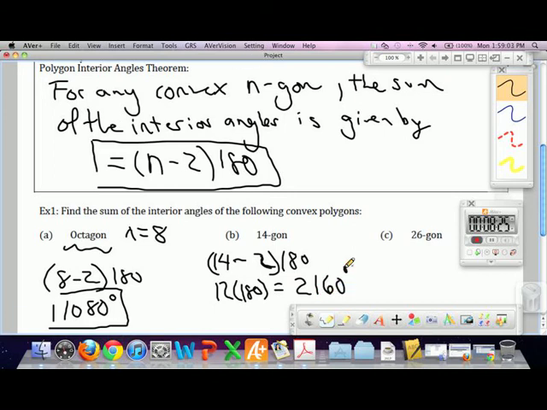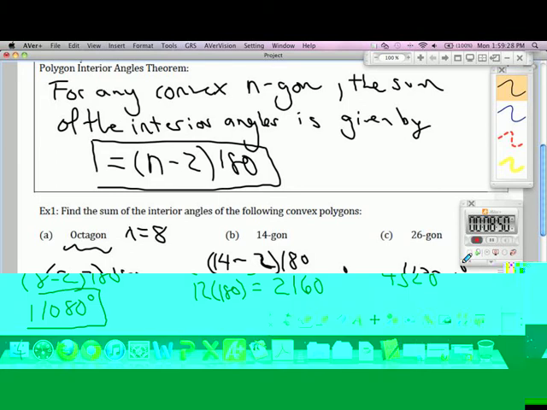And you can calculate a 26-gon on your own. 24 times 180 is twice this, actually. So 4,320. That's the 26-gon. If I give you an arbitrary number of sides on a convex polygon, you can plop it into our formula here and get the interior angle measures.